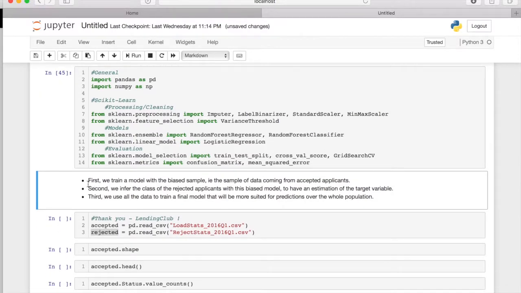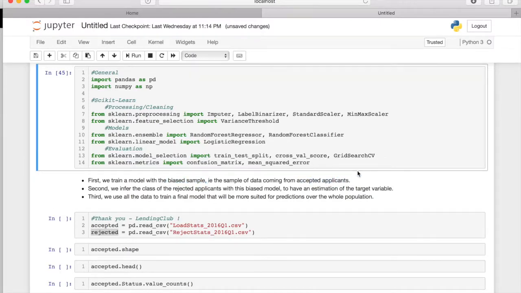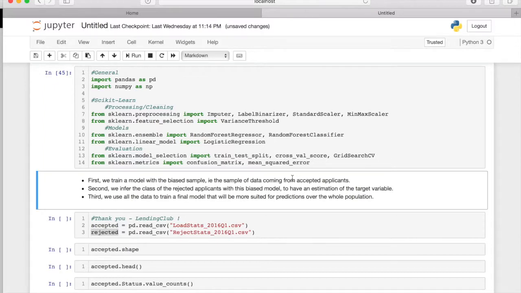So what we're going to do is first train a model with the biased sample, which is pretty much the sample of accepted applicants, in line with what we explained earlier. And we are going to use this model that we compute on this data in order to infer the class of the rejected applicants.